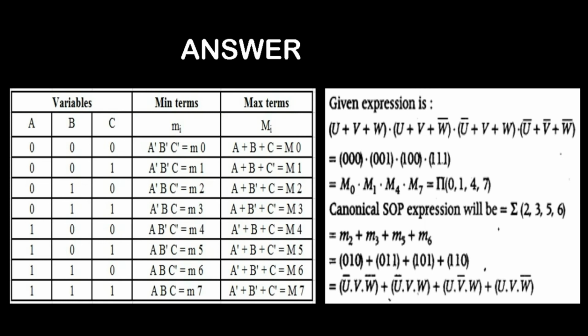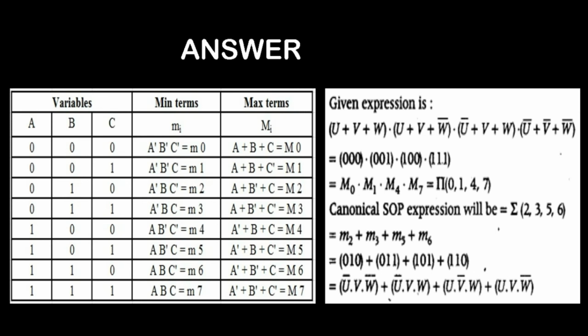Okay. This is the given expression. Next we are going to convert this into sum of product terms. Sum of products is represented by the symbol sigma, and the simple way to write the equivalent value is by checking the values written in the pi.